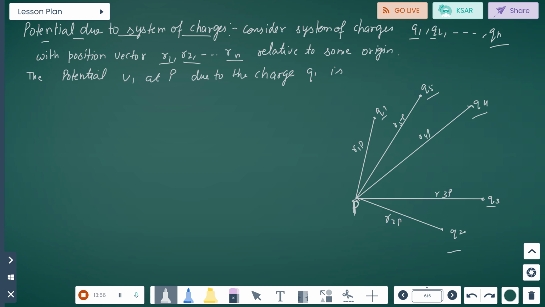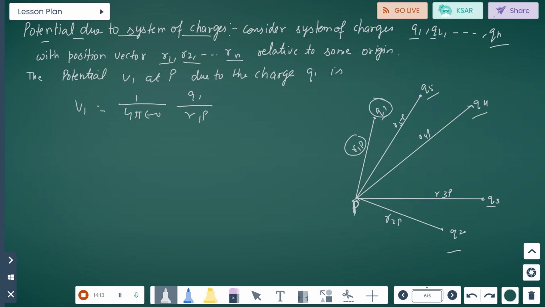Now potential V1 at P due to charge Q1 is V1 equals 1 divided by 4 pi epsilon naught Q1 divided by R1P.